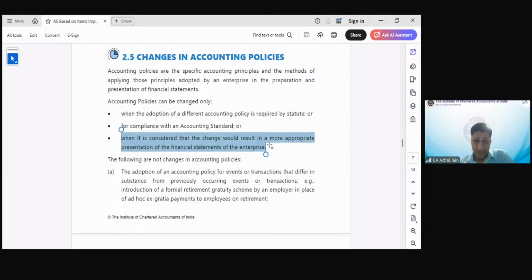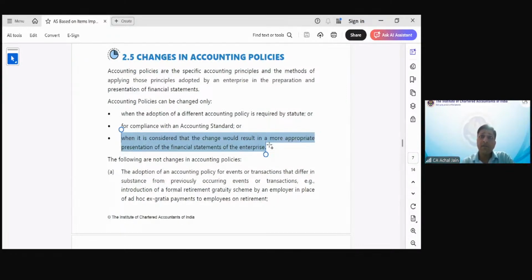Now, this is not something which you call mandatory. This is something which will be a voluntary change. Voluntary means a company may decide to change its accounting policy, not because the statute is requiring, not because the accounting standard is requiring, but because the company wants to do that. So, do we have that window available in the accounting standard for doing that? The answer is yes.